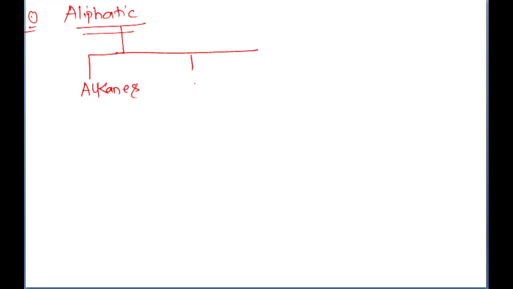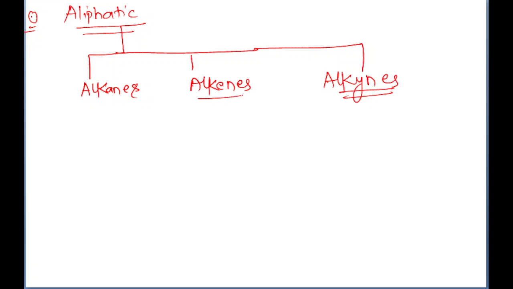Now let's discuss aliphatic. Again they are classified into alkanes, alkenes, and alkynes. Okay, now alkanes, what are alkanes?